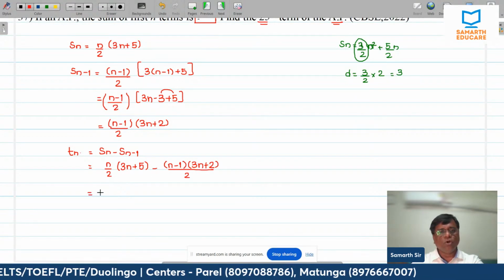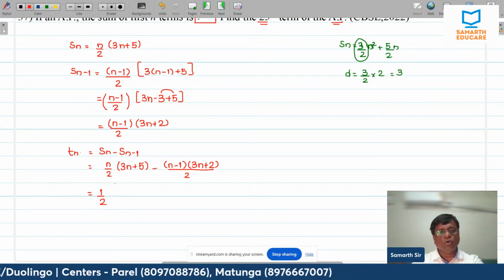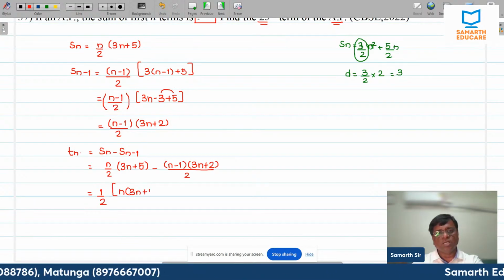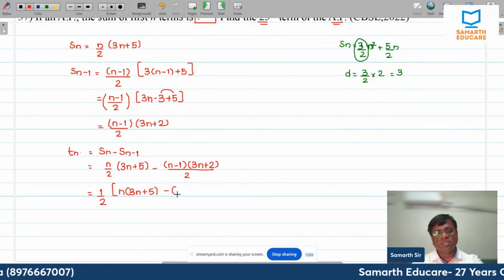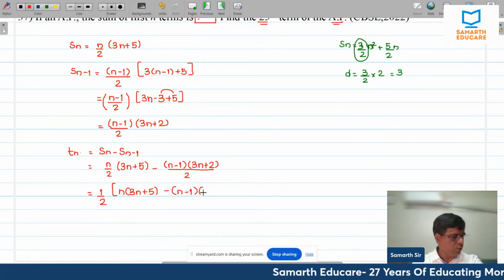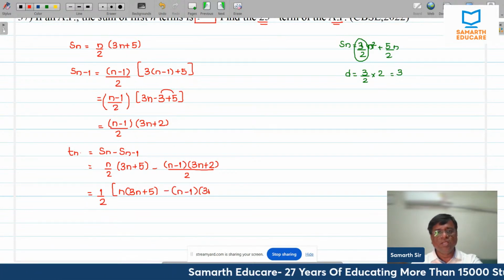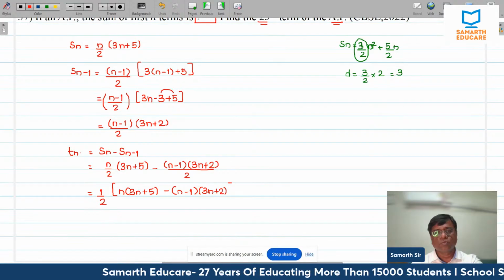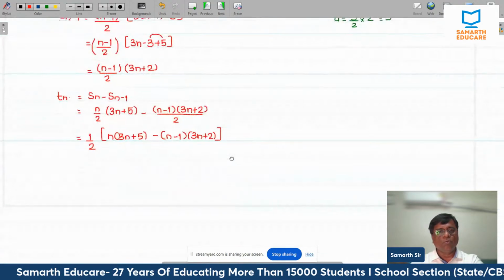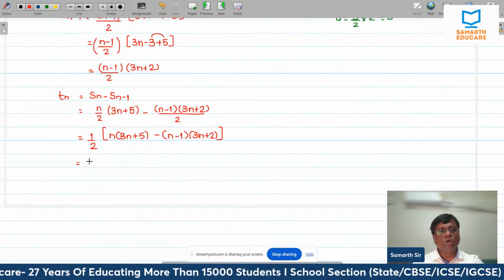Let us take 1 upon 2 common. Then this is n into 3n plus 5, minus n minus 1 into 3n plus 2.